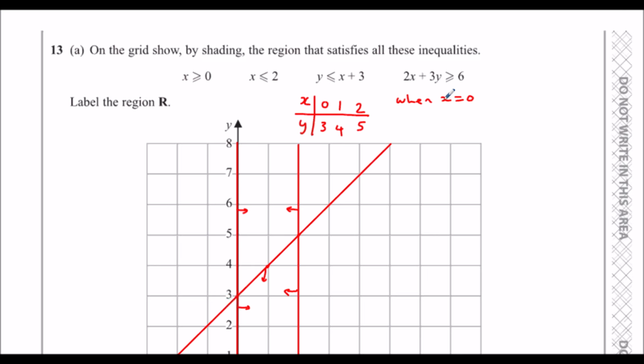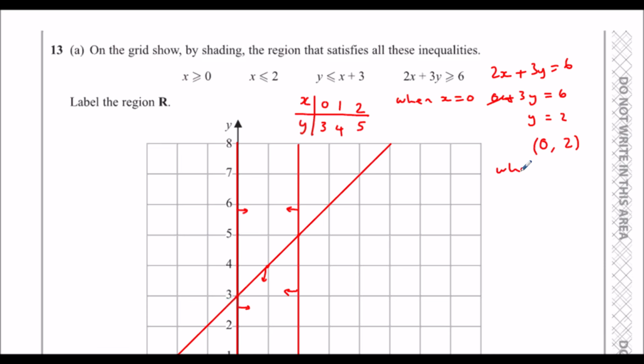When x is 0, we have 0 plus 3y equals 6. Divide both sides by 3, y equals 2. So on the line 2x plus 3y equals 6, we have 0, 2.